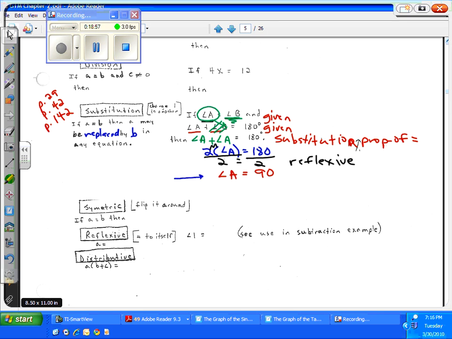And then the conclusion that angle A is equal to 90 came from dividing both sides by 2, and so that is a result of the division property of equality. And so we've done a whole proof. We've got an algebraic equation where we've solved all the way down to angle A equals 90, and we justified every single step with a property of equality. Okay? So that's kind of where we're headed with this.